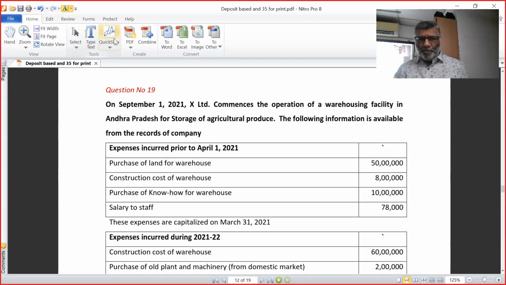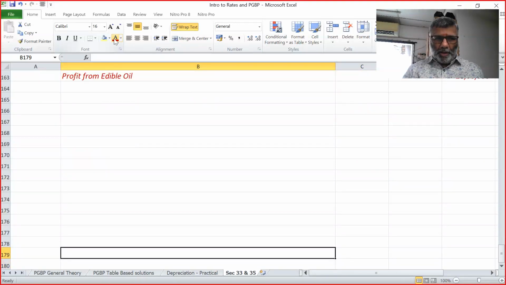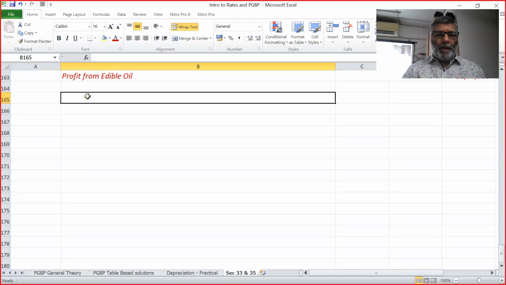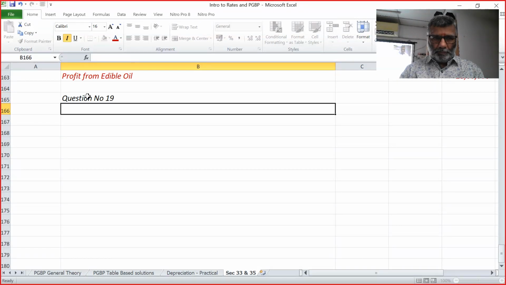Let us try. Okay, a question which will serve the whole provisions in a better manner. First, let us test the condition of the 20%.